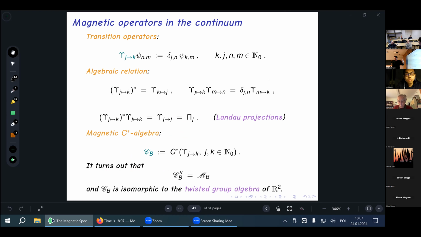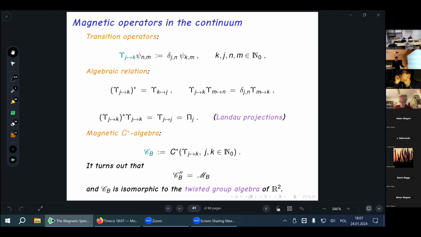The Laguerre functions that I showed you, which diagonalize the Landau Hamiltonian, are also elements of the group C*-algebra over R2, because they are fast decaying functions. And when I take the regular representation, they give exactly this on the Laguerre basis. By twisted group algebra, you probably mean the magnetic cycle, which was present before. Exactly.